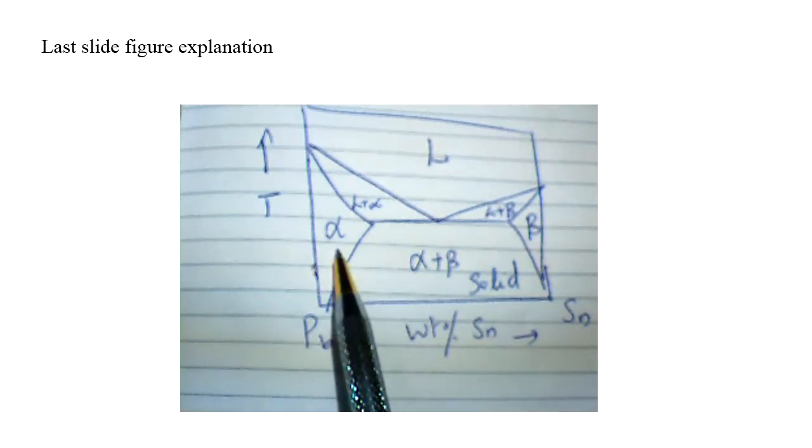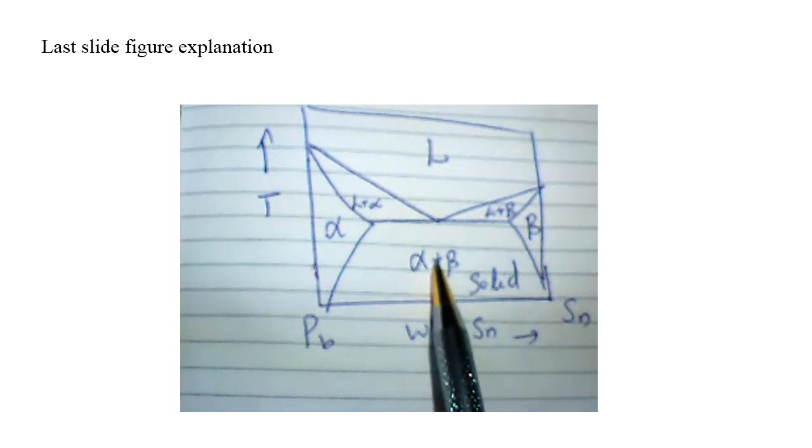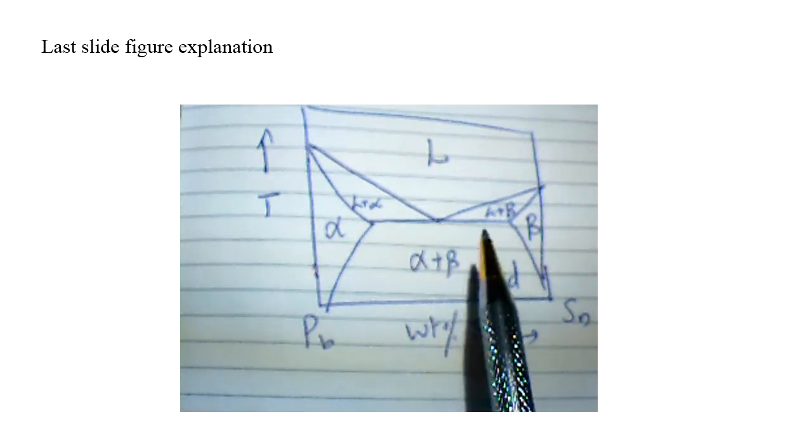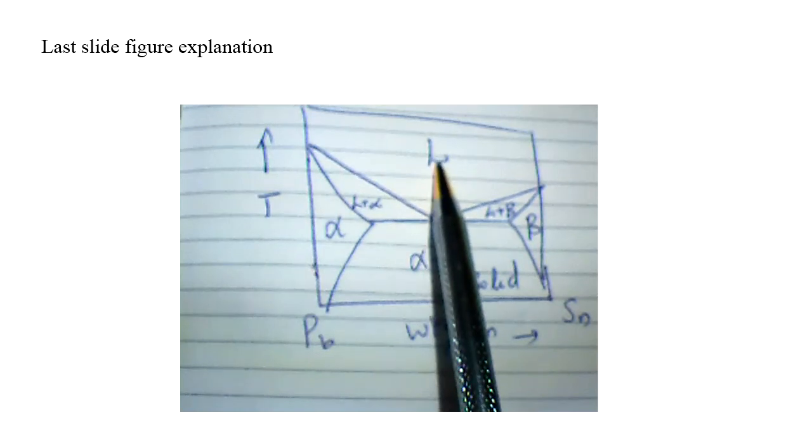So alpha represents the solid state lead, and beta represents the solid state tin, and alpha plus beta is the net alloy formed, and liquid L is the uniform liquid state, a single phase equilibrium state.